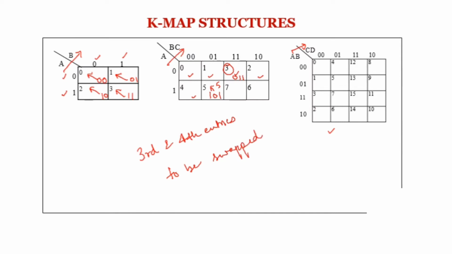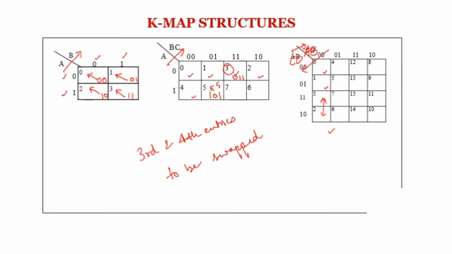Similarly here, you can see the flow is AB here and CD here. So for this ABCD flow, that means now the flow is from A to D. In this pattern my counting will be 0, 1, 3, 2, where 2 and 3 are swapped.